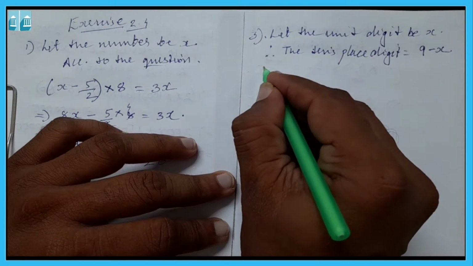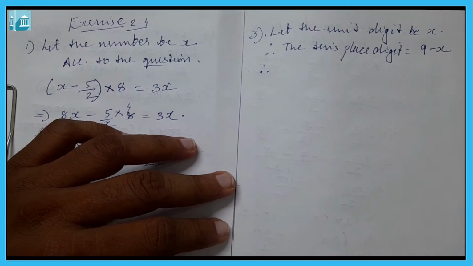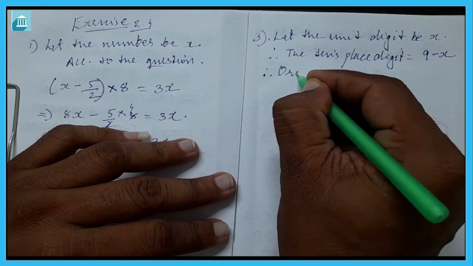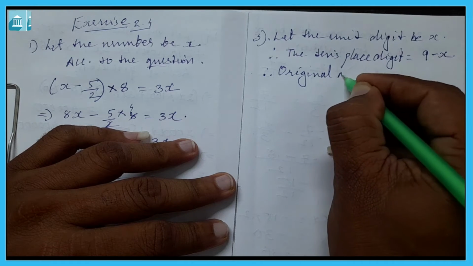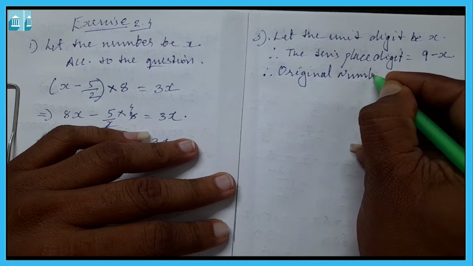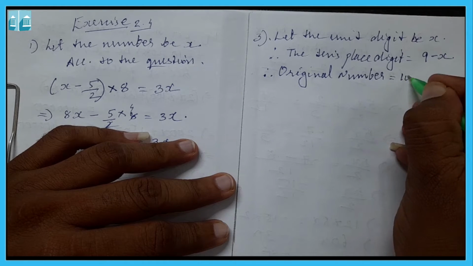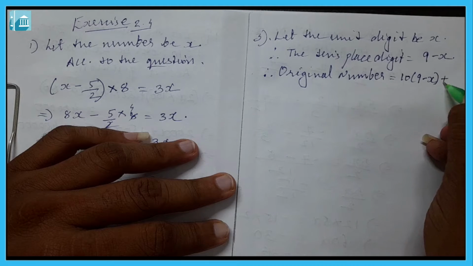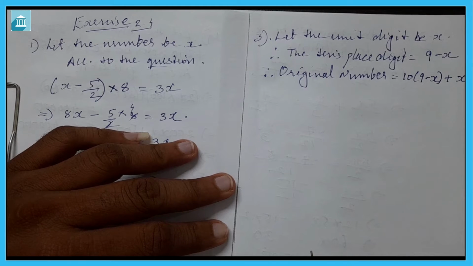Therefore the original number will be 10 into 9 minus x plus x.